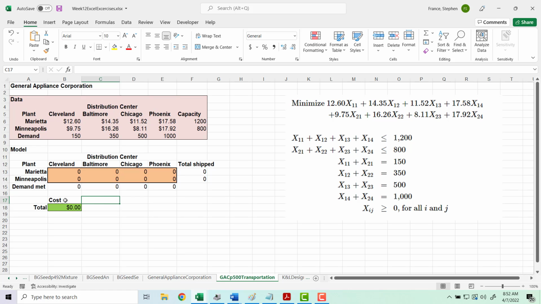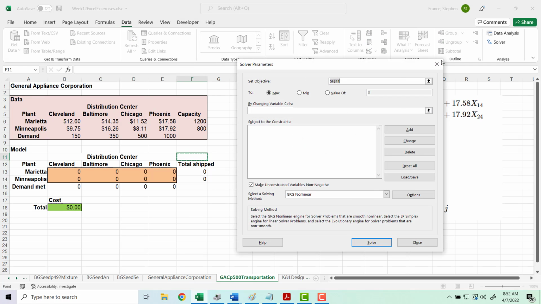Okay, and that pretty much just sets it up. So now we have to run it on Microsoft Solver. Okay, so let's go to Data, Solver. So we want to minimize, click Min, and we want to minimize the total cost by changing all of these cells.